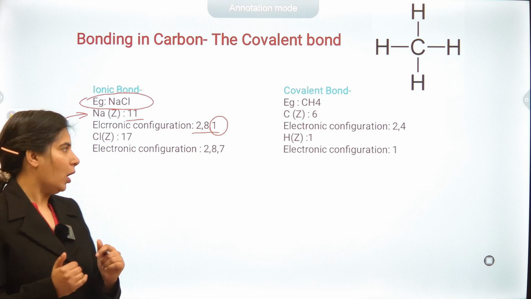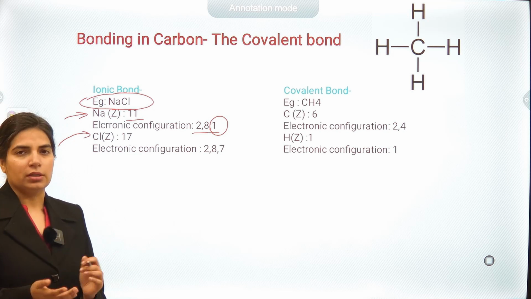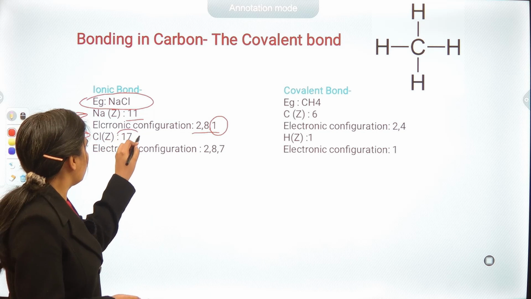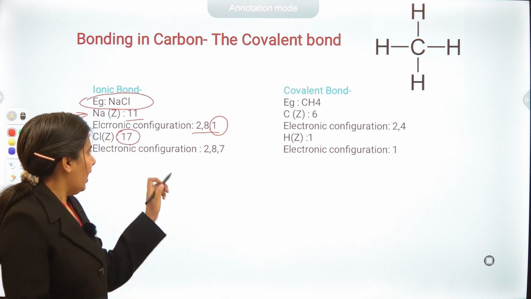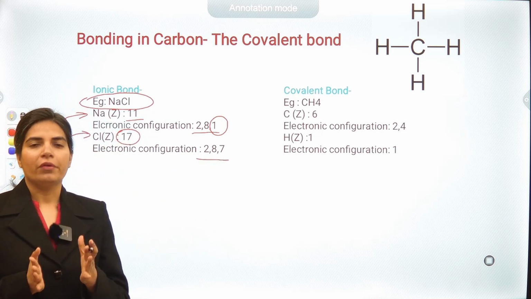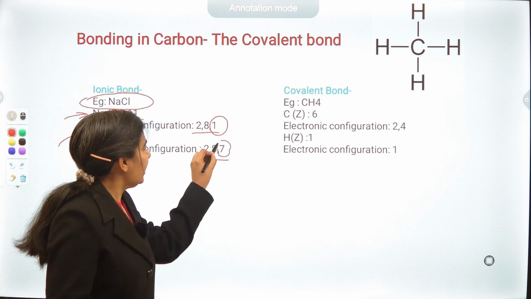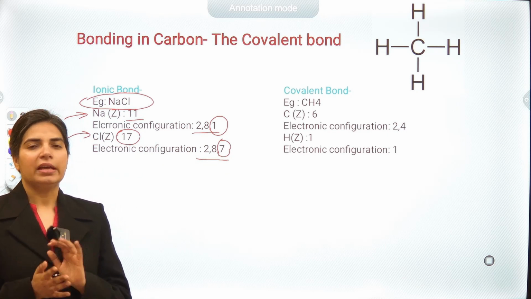And if I talk about the electronic configuration of chlorine, chlorine is a non-metal. And the atomic number of chlorine is 17. And the electronic configuration of chlorine is 2, 8, 7. It means in the case of chlorine, the outermost shell has 7 electrons.